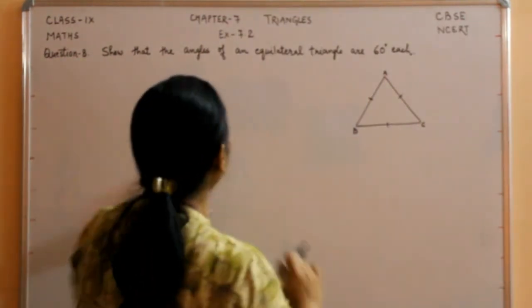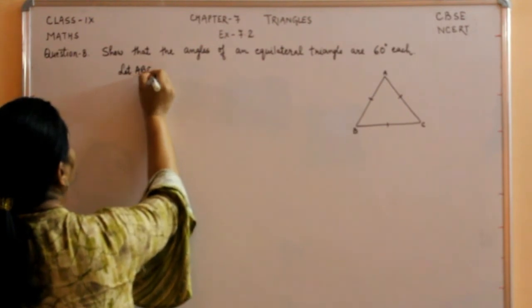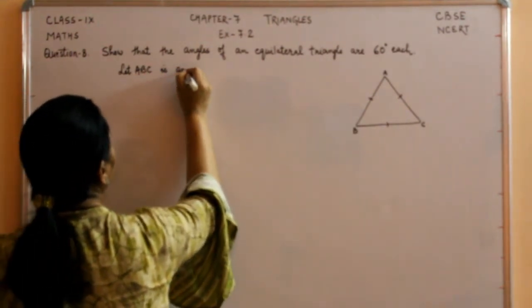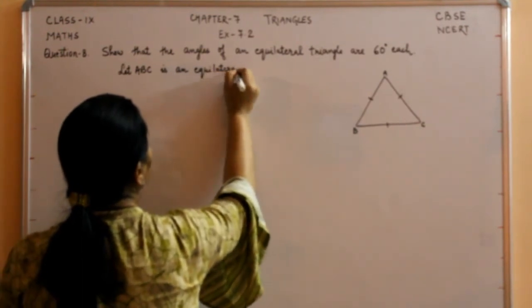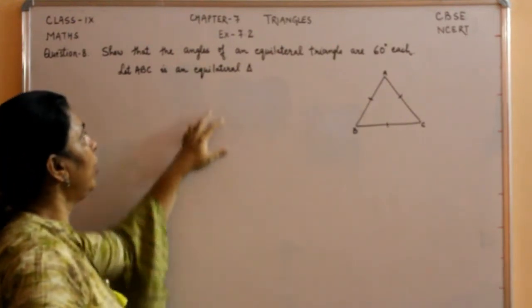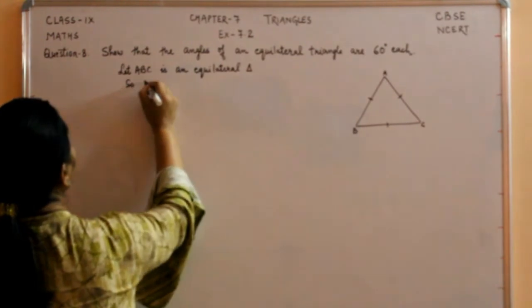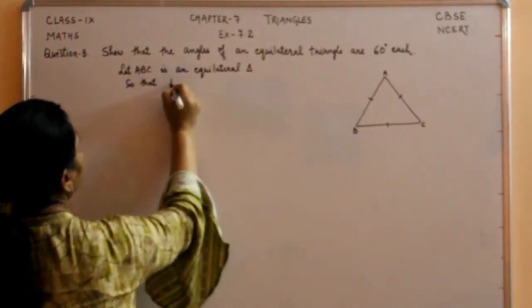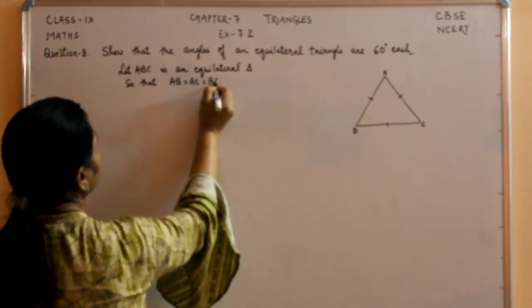This ABC is an equilateral triangle in which all the sides are equal. Equilateral means sides are equal. So that AB is equal to AC is equal to BC.